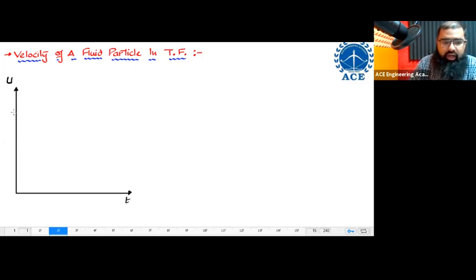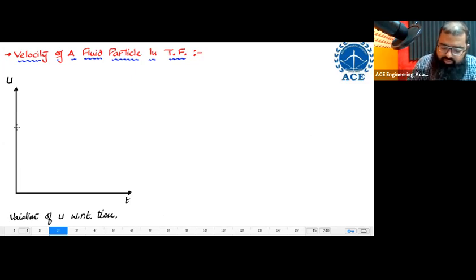I'm observing how the velocity u, that is the x component of velocity, is varying with respect to time. So this graph is regarding variation of u with respect to time.